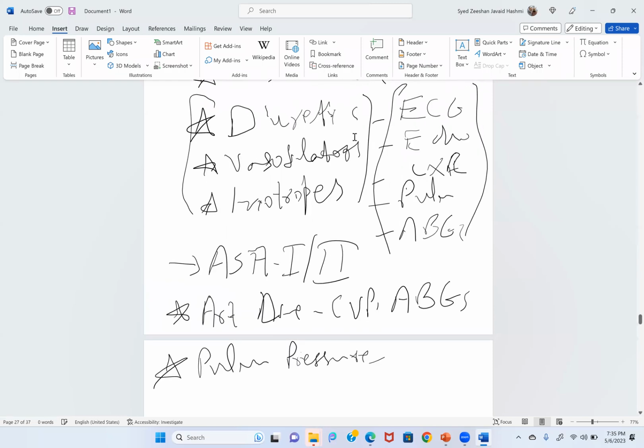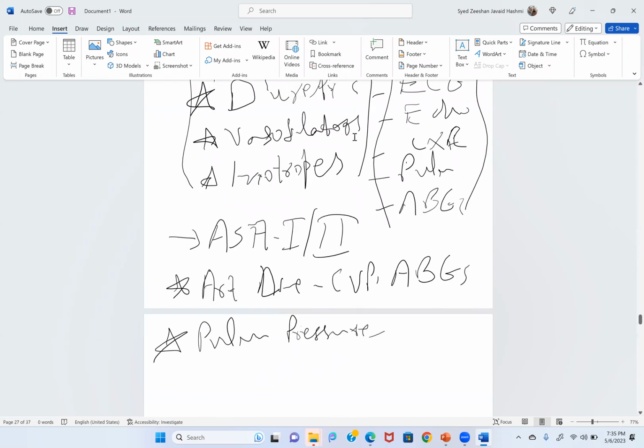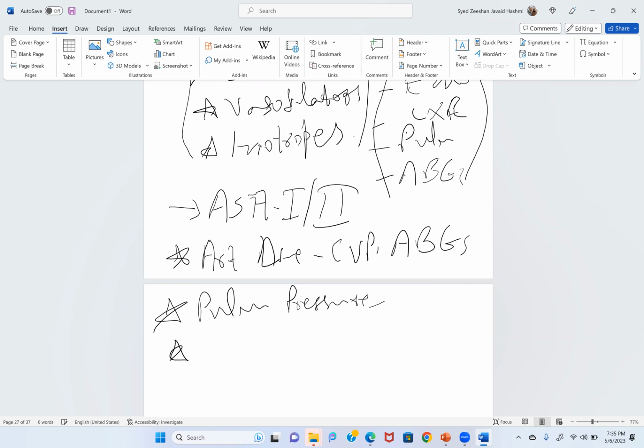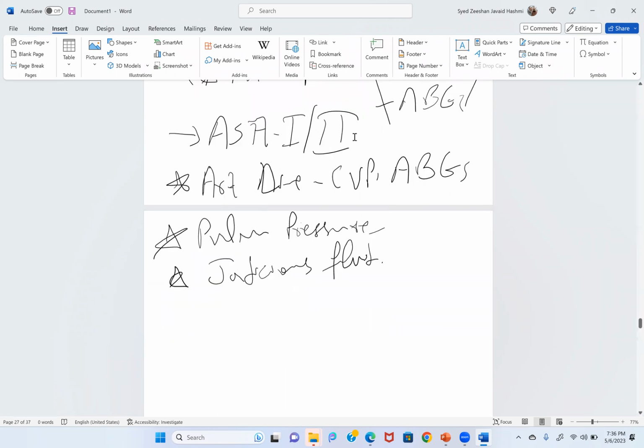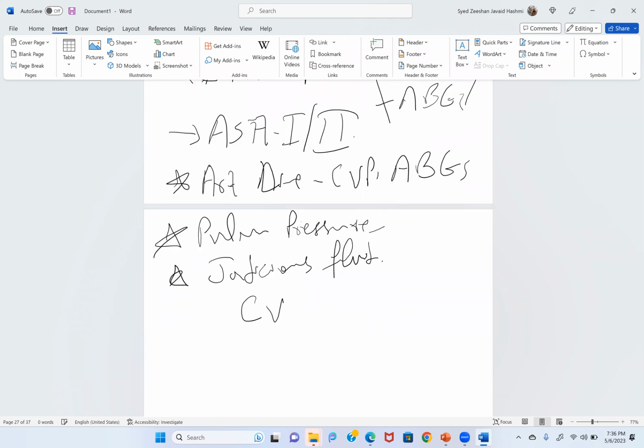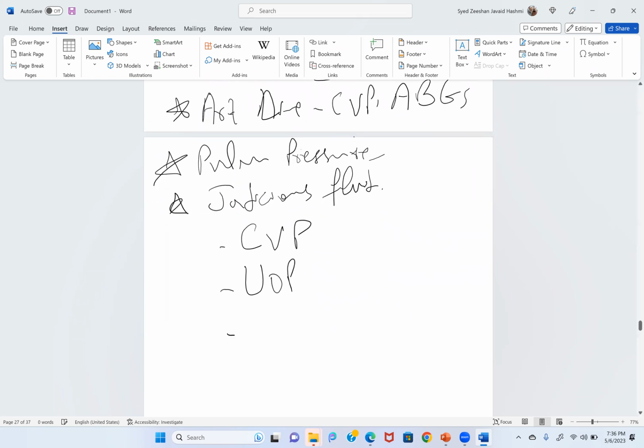In addition to optimization, you should have judicious fluid management. Of course, people will say CVP, but the other special monitoring in this scenario will be urine output, and now in 2023 there is the use of IVC compressibility.